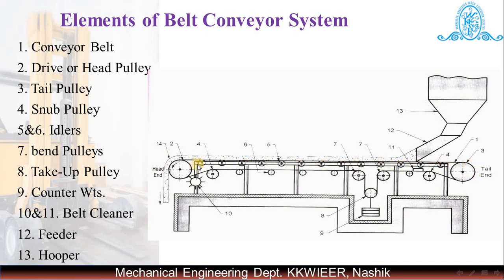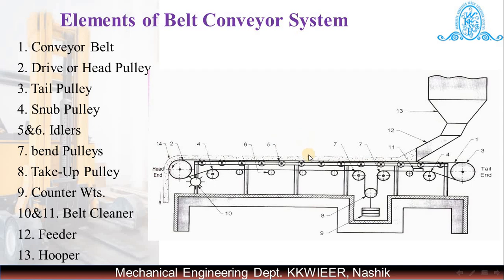When this moving system is provided, the belt will be in contact with the component. This component will leave some particles on the belt, which we have to clean, so we require a belt cleaner over here. Some tensioning is also to be provided for this belt, because the material has its own weight.